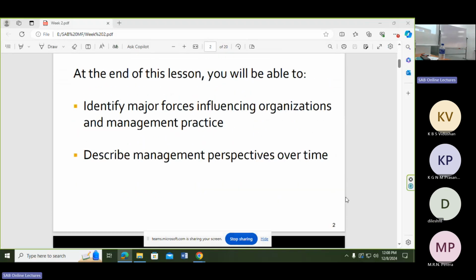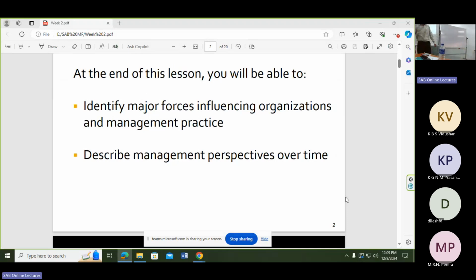But before that, we should know what is deciding this. The changes in the environment, or major forces in the environment, may influence us to consider and reconsider these trends, as early and recent historical trends. These are the environmental forces.